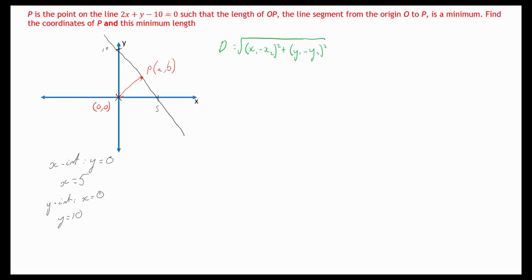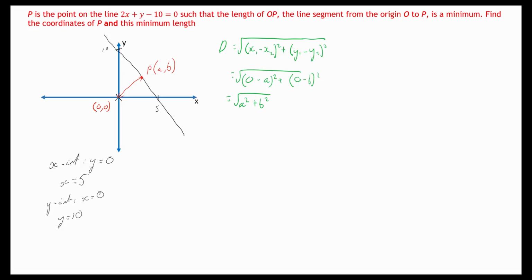Now, plugging in our values so far, that would mean that our distance is equal to the square root of (0 - a) squared plus (0 - b) squared, which if we shrink it down is actually just the square root of a squared plus b squared. Now this looks a lot like Pythagoras' theorem, and that's because it's actually based off that. So you'll notice the similarities.